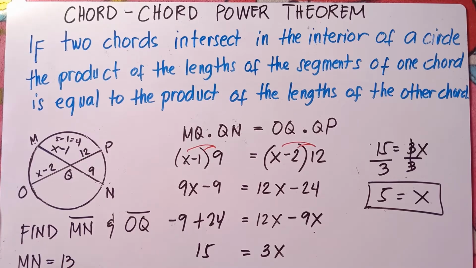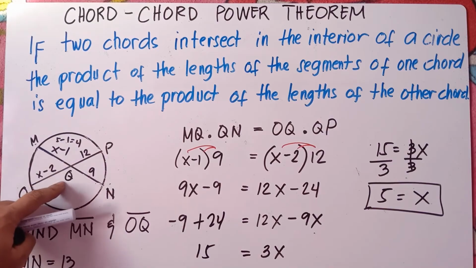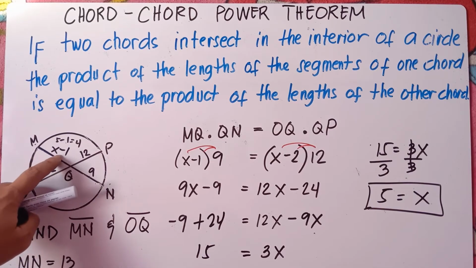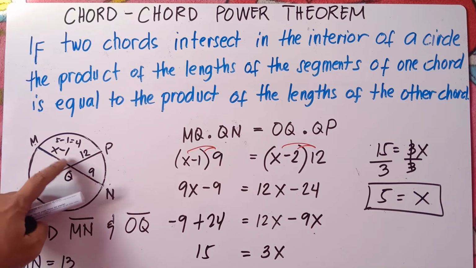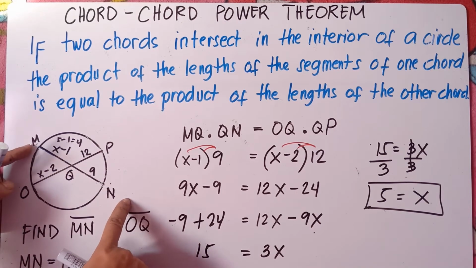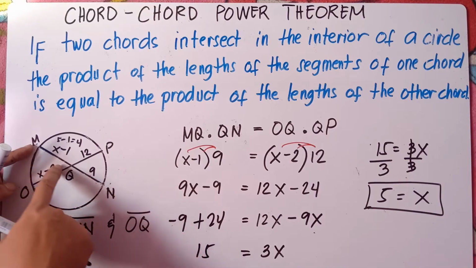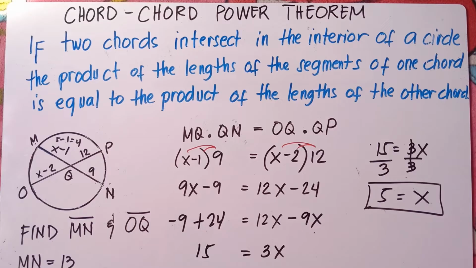Once again, x minus 1 for MQ: you subtract 1 from 5, so 5 minus 1, because it says x minus 1. That is 4, so 4 plus 9 is 13, because you are told to find the length of MN. So MQ is 4, QN is 9, and 4 plus 9 is 13.